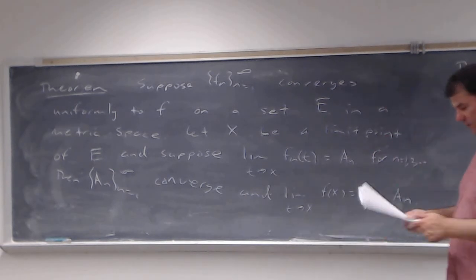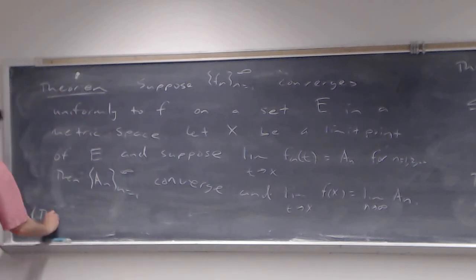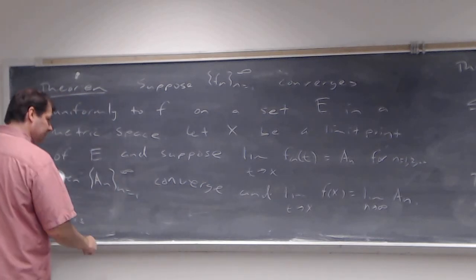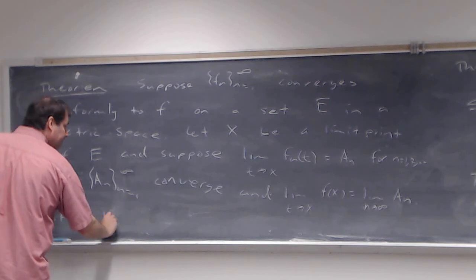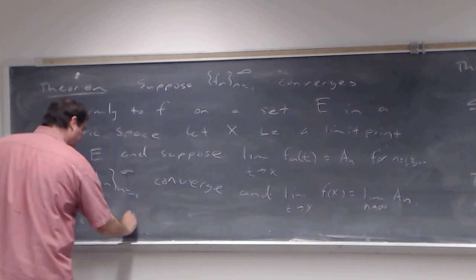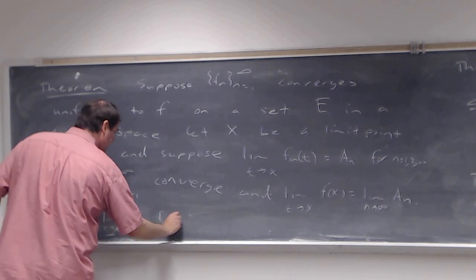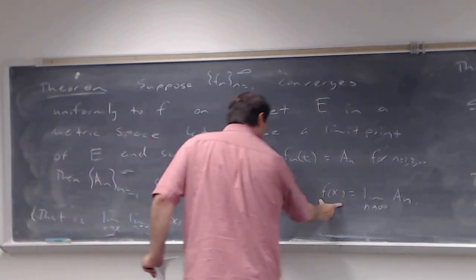One way of looking at this is to say that it is the limit as t goes to x of the limit as n goes to infinity of f sub n of x. So that's this part.